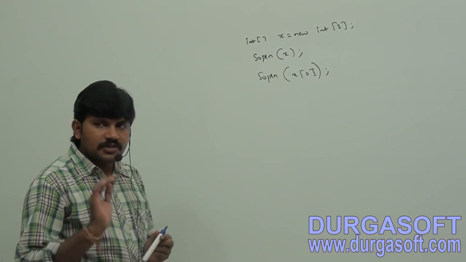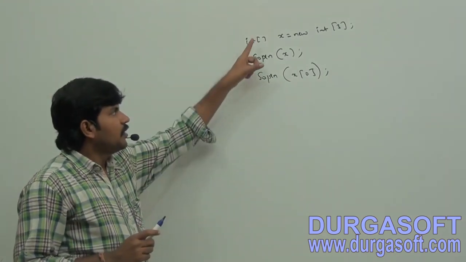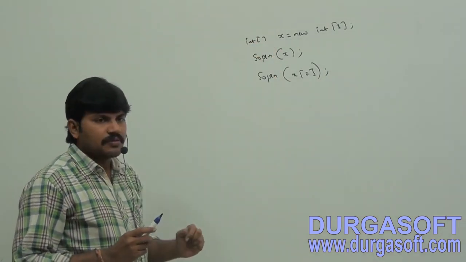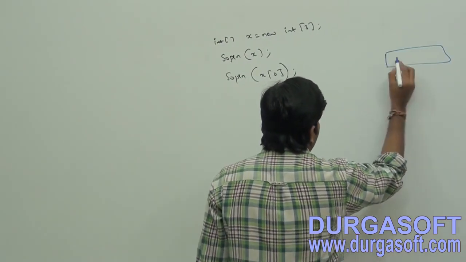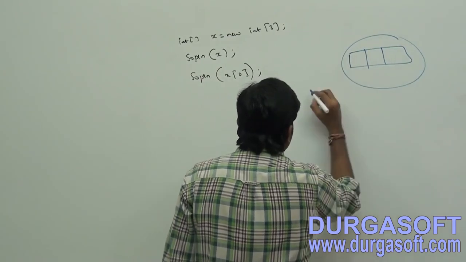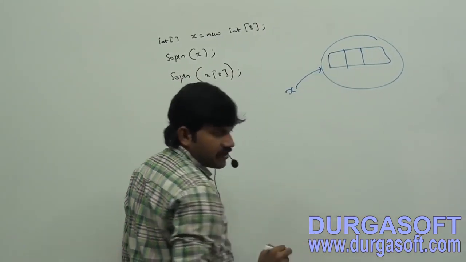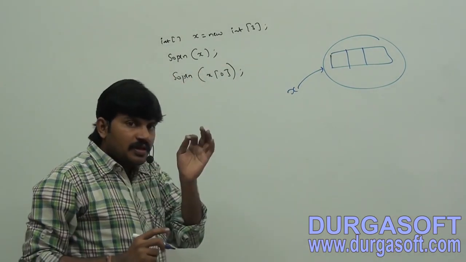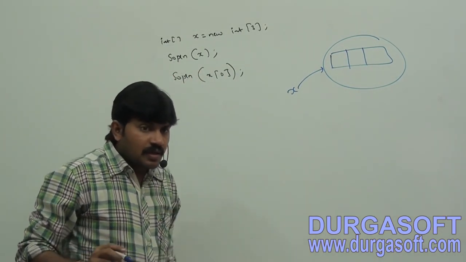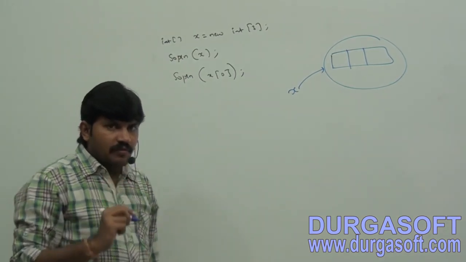Make sure you people are aware. Int array x is equal to new int array of 3. Sir, here we created an array with size 3, x is the reference variable for that. Do you know, whenever we try to print any reference variable, internally which method will be called? The toString method will be called.